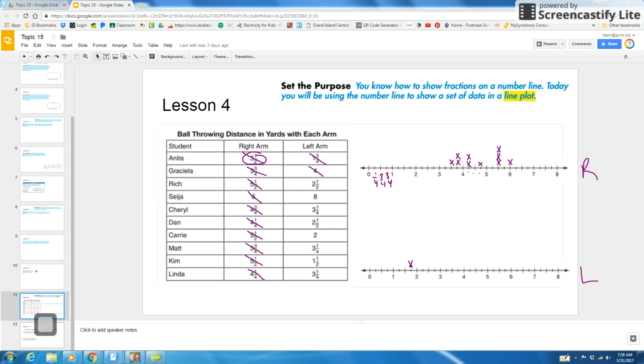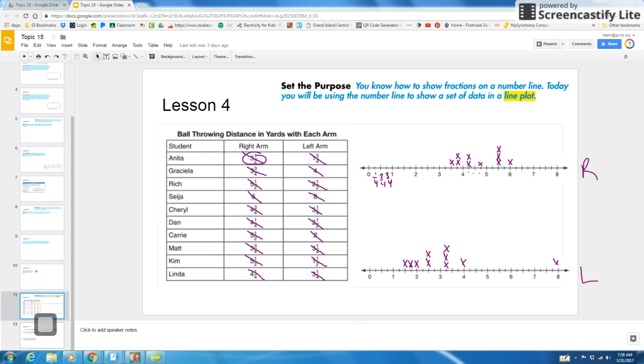I have a 4, I have a 2.5, I have an 8, we have a 3 1/4, a 2.5, another 2.5, so we just go above, a 2, a 3 1/4 again, a 1.5, and a 3 1/4 again. So I could say more students threw 3 1/4 with their left hand than any others, okay?